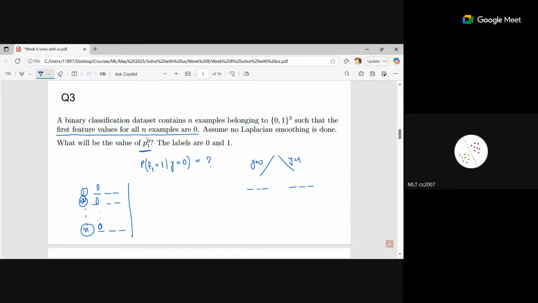If this is all 0 and we are assuming no Laplacian smoothing is done, then what is the value of P1 not hat? If in the first feature it is not even taking the value 1, then this is going to be predicted as 0. The estimate for P1 not hat is going to be 0.